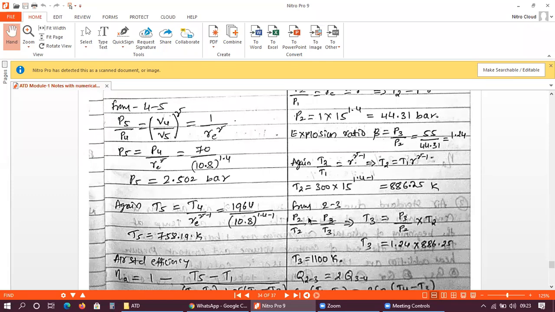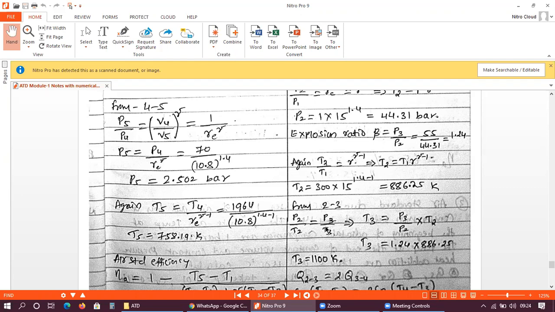Since during the process 2 to 3 the volume is constant, V2 and V3 get cancelled. So this expression reduces to P2 by T2 is equal to P3 by T3.